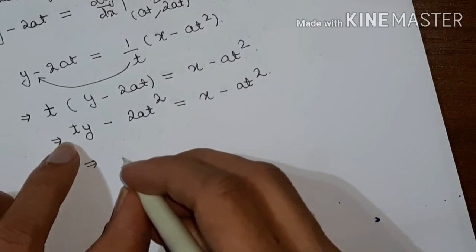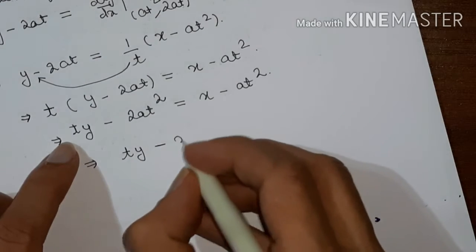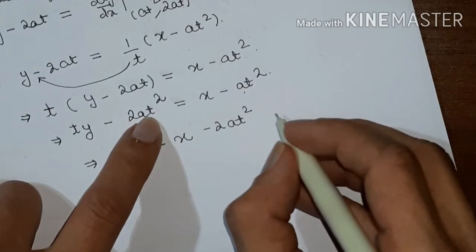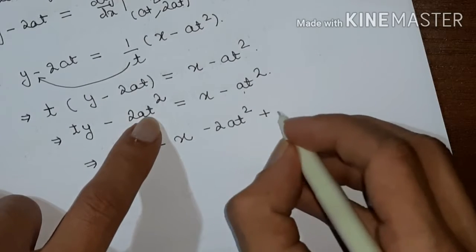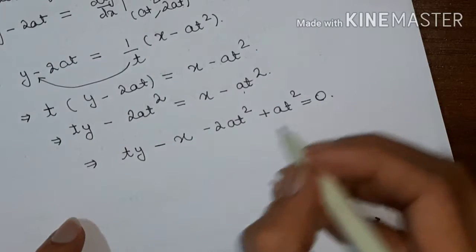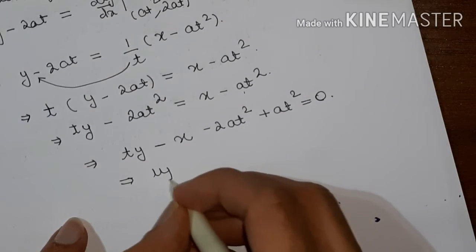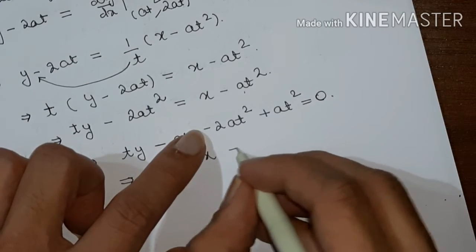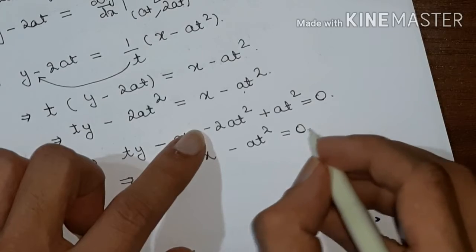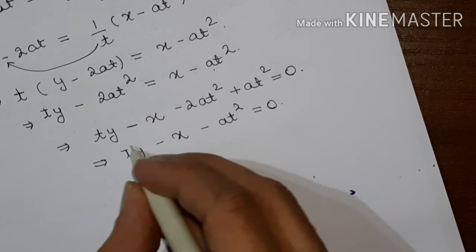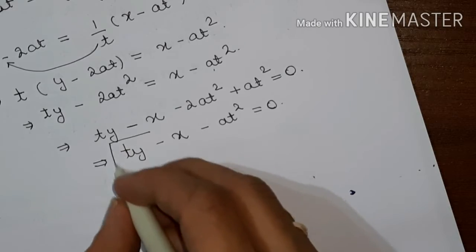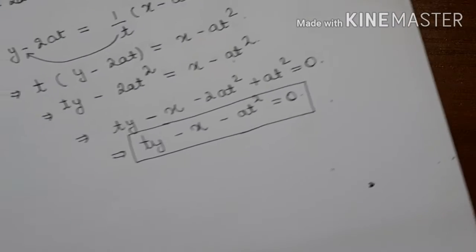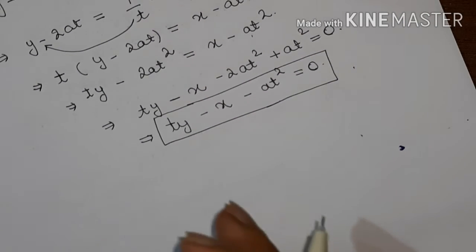If I rearrange this, I'll get ty minus x minus 2at², and if I bring minus at² on this side, I'll get plus at² equal to 0. So ty minus x minus 2at² plus at², which is minus at², equal to 0. So this is the equation of the tangent.